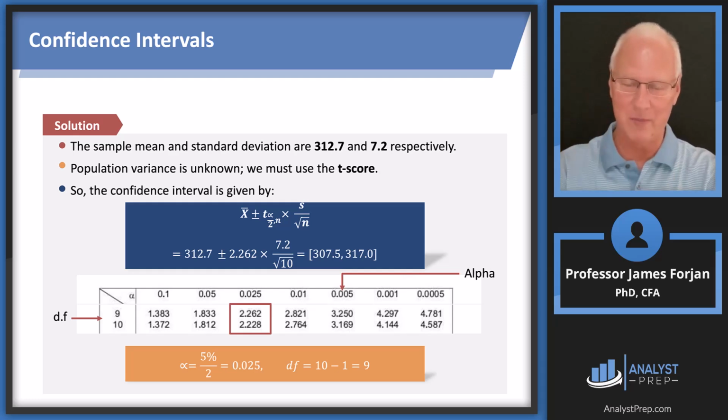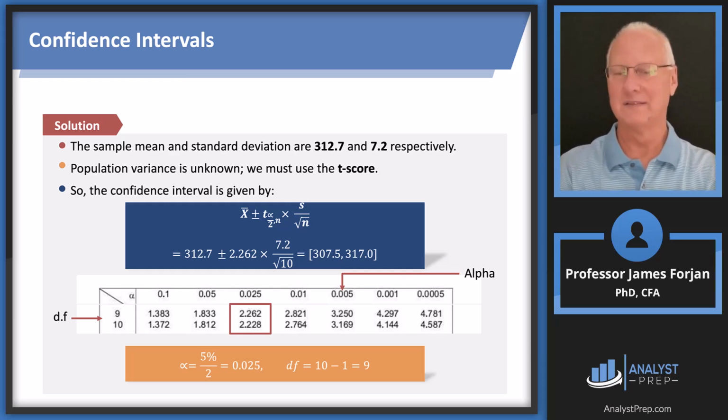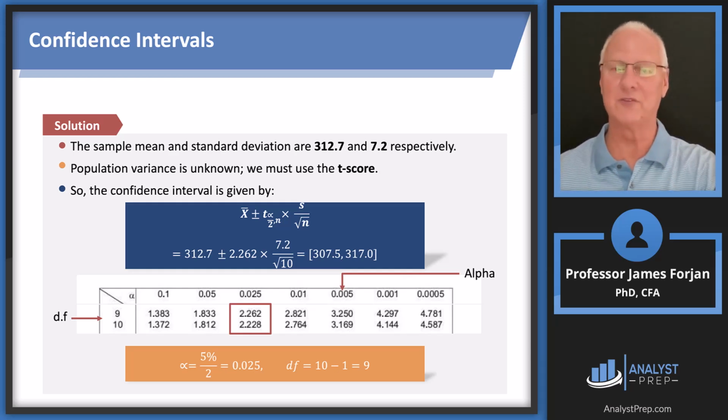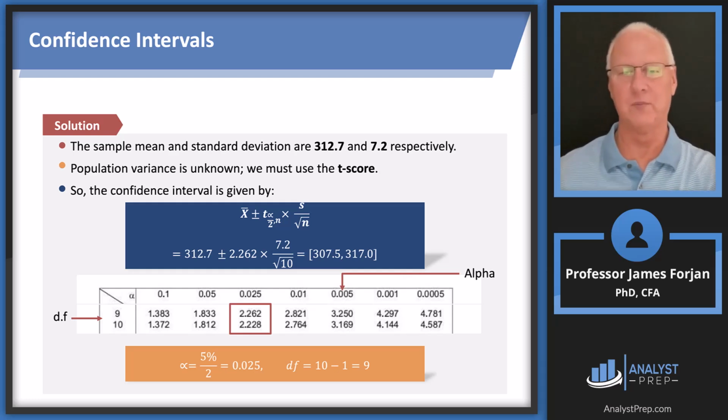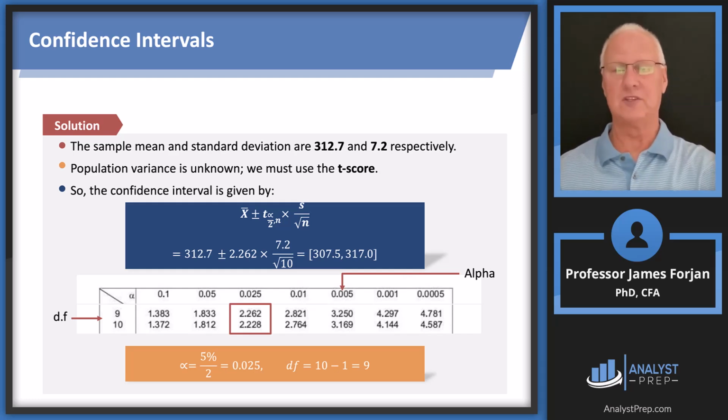You should remember both of those numbers, and you'll know that degrees of freedom is 9. Don't use the 10, because you know that one of those possible answers is going to be the confidence interval at 2.262. Make sure you use the 2.262. There's the 7.2 that we calculated divided by the square root of 10, and you get 307 to 317.